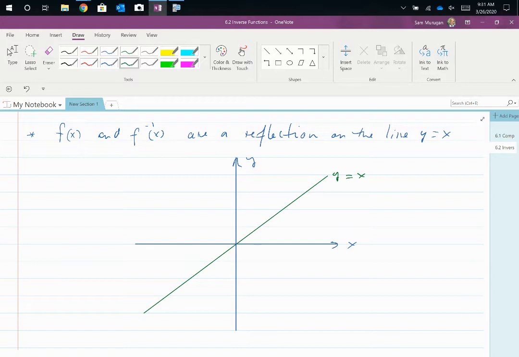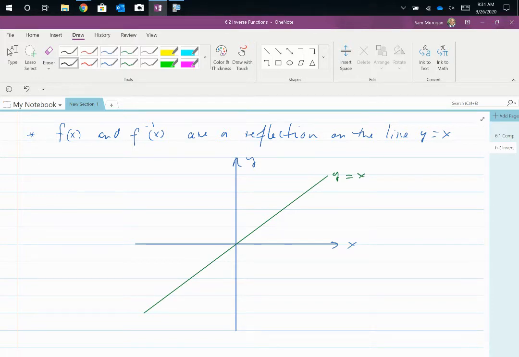We can illustrate the graph of one function and its inverse here, perhaps by sketching a simple graph and showing how the inverse works.